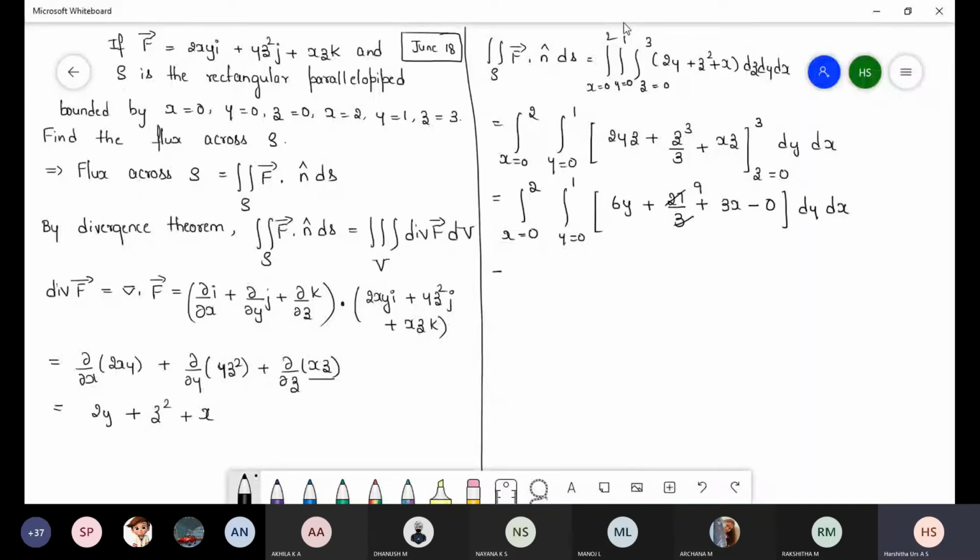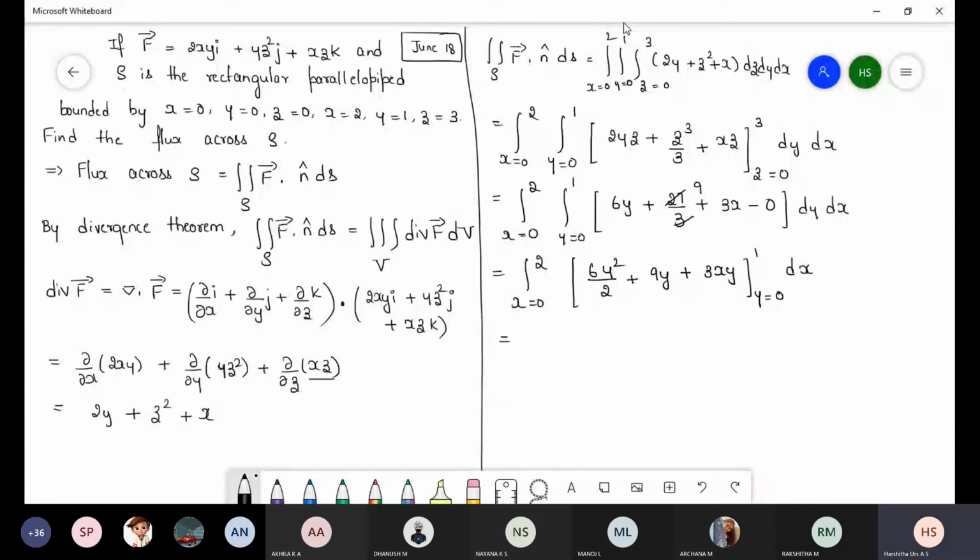Next, x is equal to 0 to 2. Do the integration with respect to y. So 6y square divided by 2 plus 9y plus 3xy, where the limit varies from y is equal to 0 to 1. Here I will write dx.